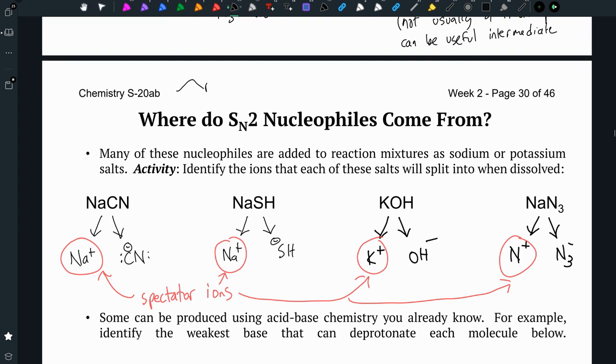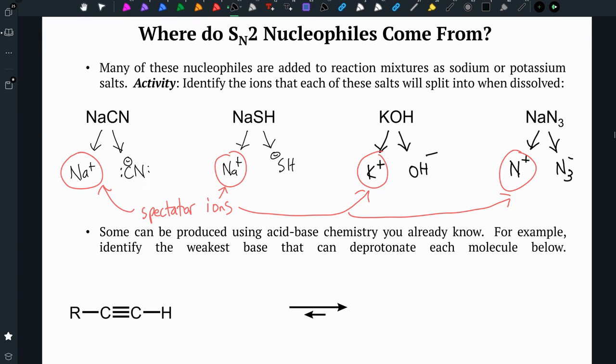If I wrote a reaction this way with NaCN, or if I wrote the reaction with CN minus instead, those mean the same thing. It's just a matter of, did I include the spectator ion or not? So one of the skills that you want to have is being able to see those two things as equivalent from an organic chemistry perspective.